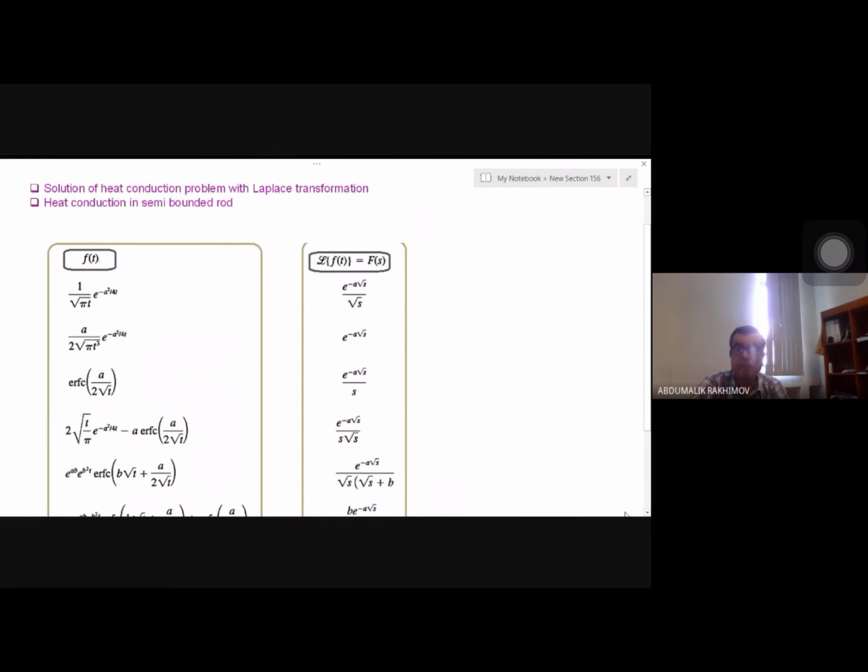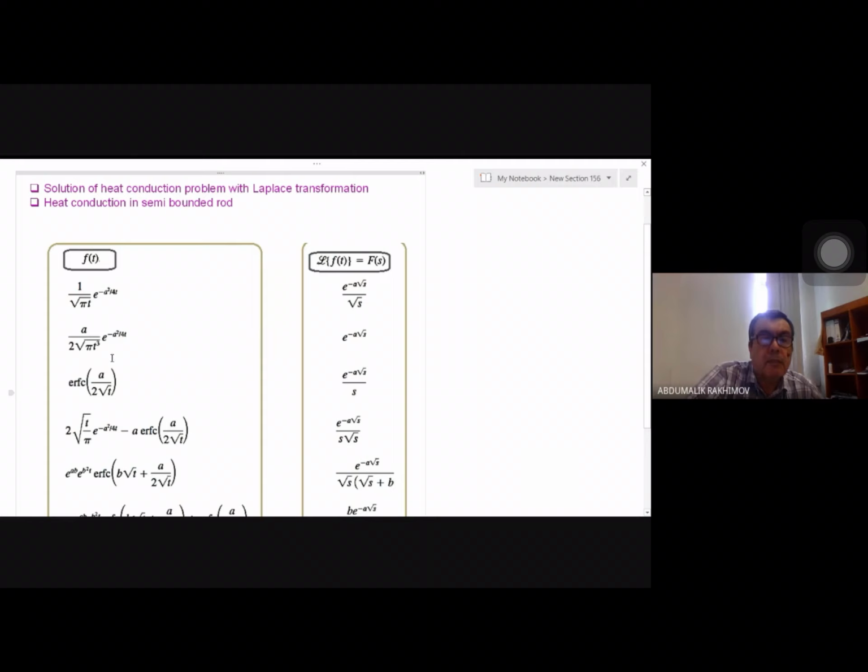If your function is 1 over root of t exponential minus a square over 4t, a is some constant, then its Laplace transformation is this function, exponential minus a root of s over s.